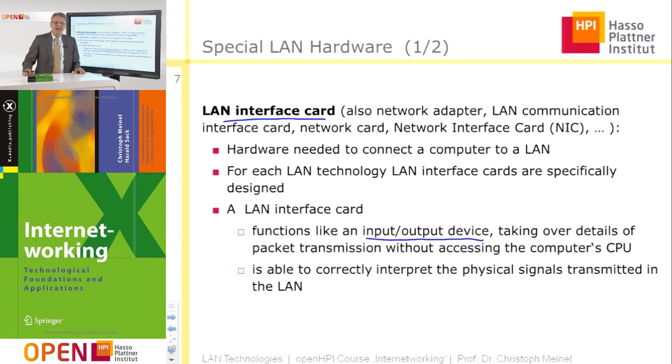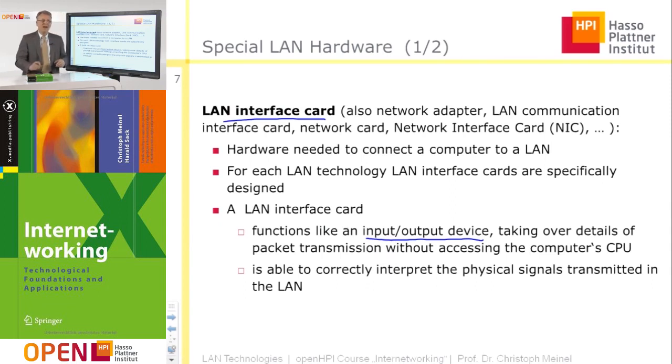The LAN interface card is able to correctly interpret the physical signals which are transferred in the LAN. So we have wired LANs, where typically the signals are electric signals or optical signals. We have other local area networks, the wireless networks, where the signals are radio signals.